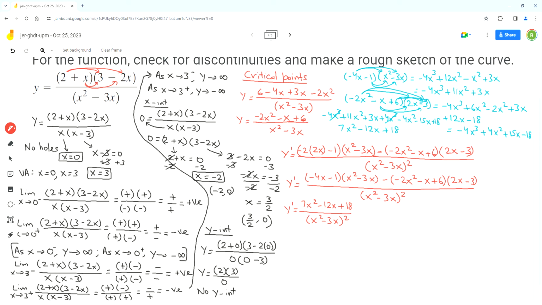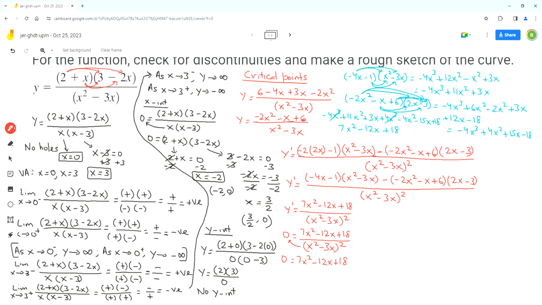Now we have to find the x values for which y prime is equal to 0. So we can sub in the left side as 0. So 0 equals (7x² - 12x + 18) over (x² - 3x)². Now we can cross multiply the denominator. So we get 0 equals 7x² - 12x + 18. Now this is a quadratic equation whose discriminant is less than 0.